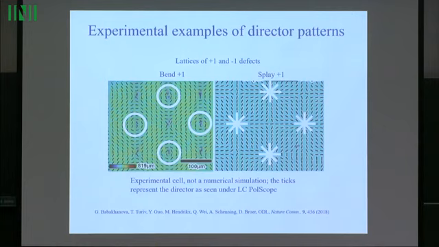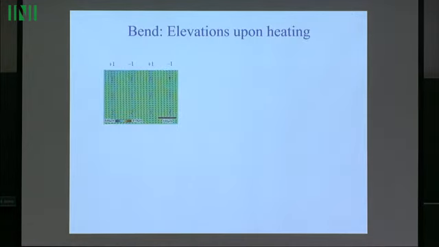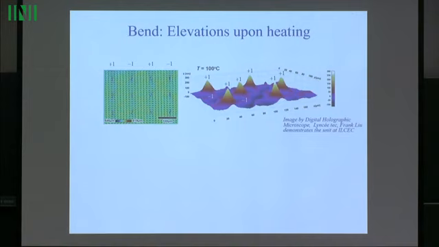So we prepare them at the room temperature, and they are flat at this temperature. And then we simply heat the material to a higher temperature. And surprisingly, we see a dramatic response.